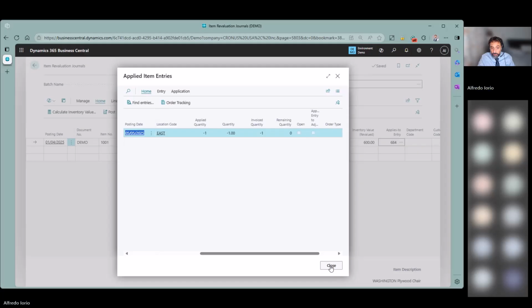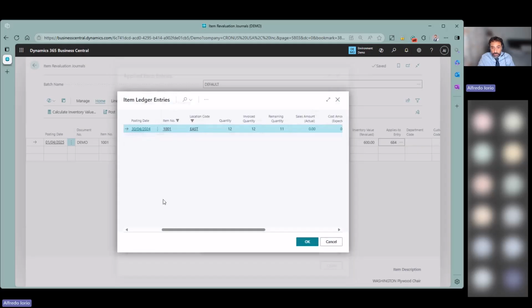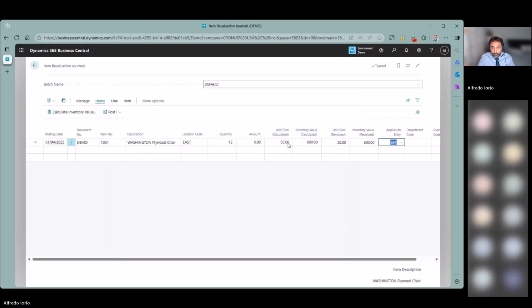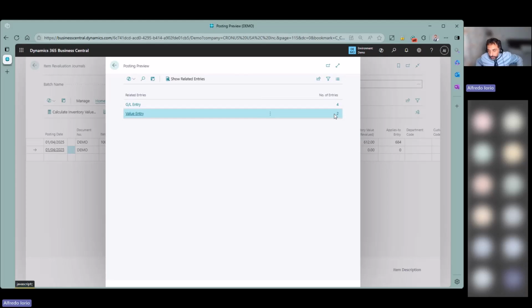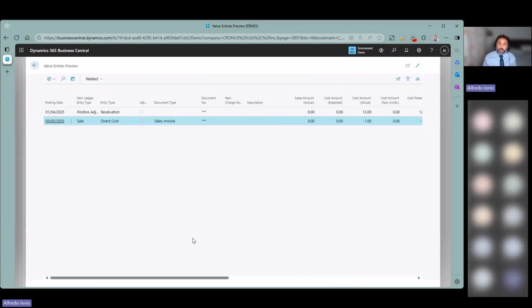So, because the revaluation happens before the shipment, if I now check 51 and I do the preview posting, now I've got double the entries. And you can clearly see what's going on here. Remember, the value entries determine the amount that gets posted to the general ledger and the cost type.